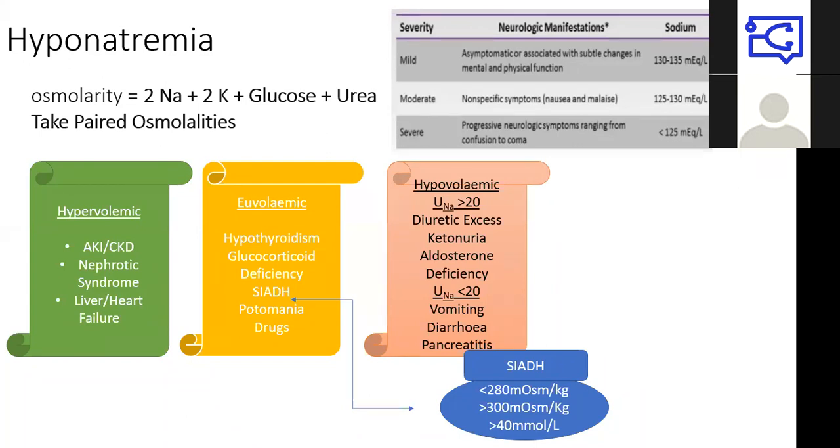And potomania. This might be new to some of you, but this is beer potomania. This goes back to physiology, how you absorb sodium and how you ensure that you concentrate urine. You need to have a medullary concentration gradient.